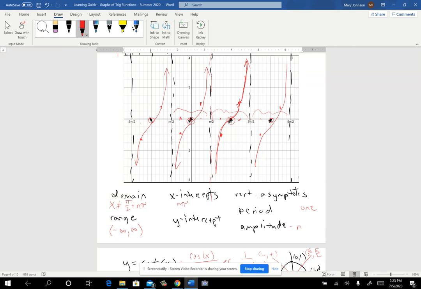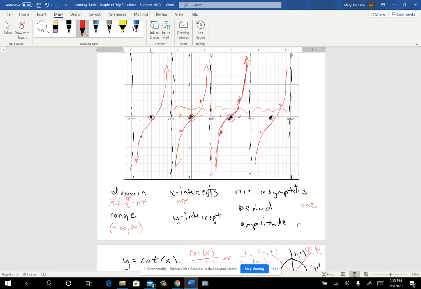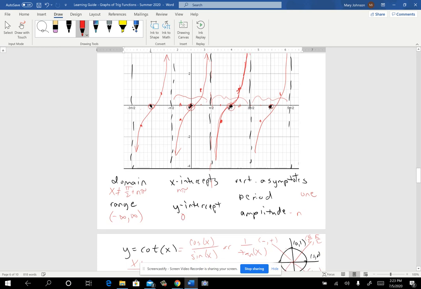N is an integer, so it can be 1 pi, 2 pi, or it could be -1 pi, -2 pi, or even 0 pi. And the y-intercept is right there at 0. The vertical asymptotes are what's causing that domain to be all reals except. The vertical asymptotes are the vertical lines at those locations. So those kind of always match.